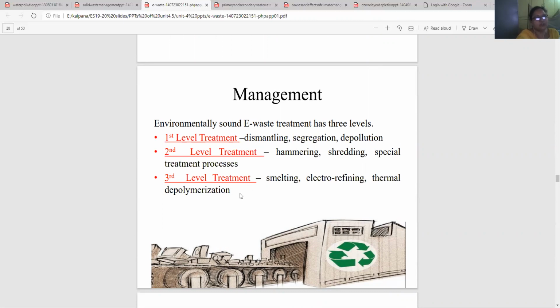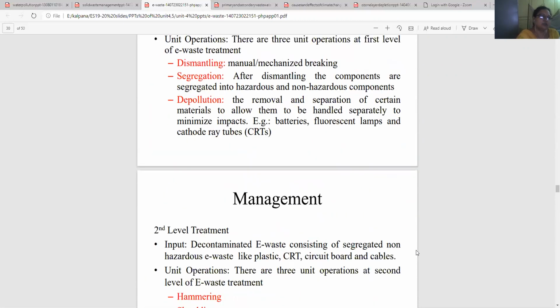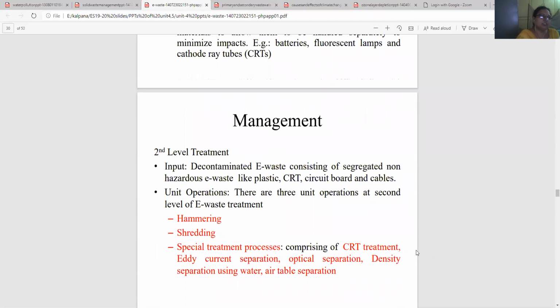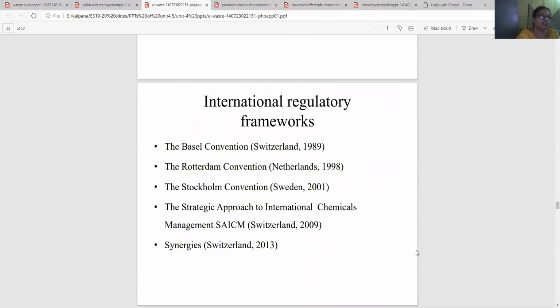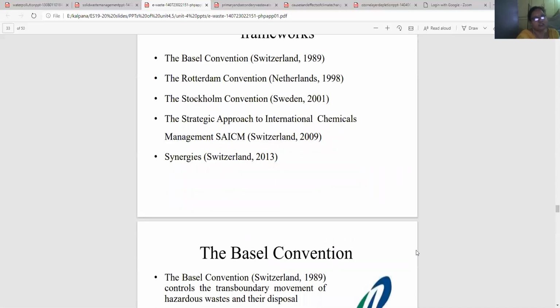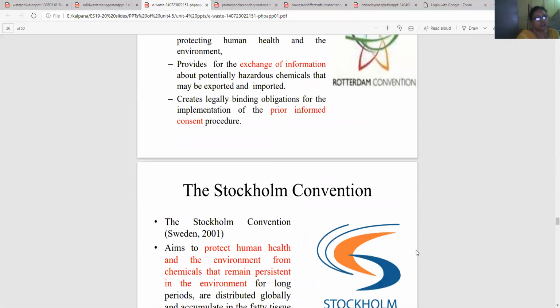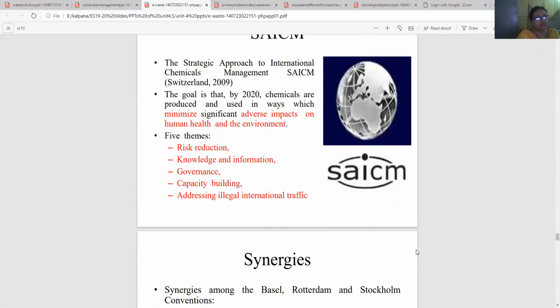Then the third level treatment is smelting, electro-refining and thermal depolymerization. So all this we can manage. And we have international regulatory frameworks also based on waste management, so all these conventions are held.